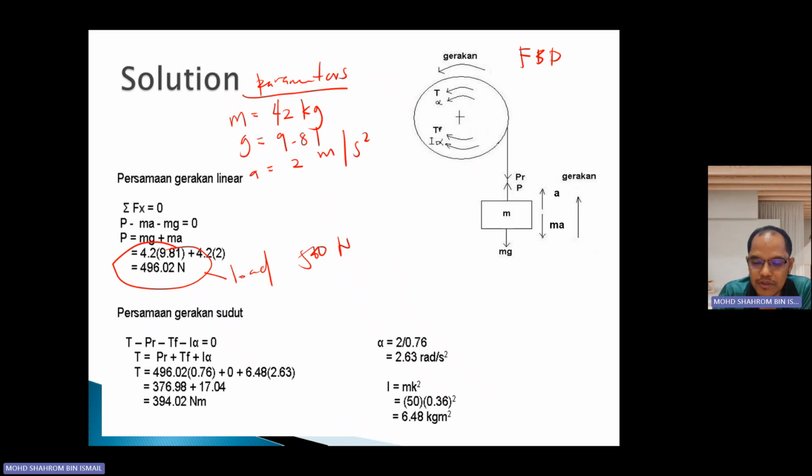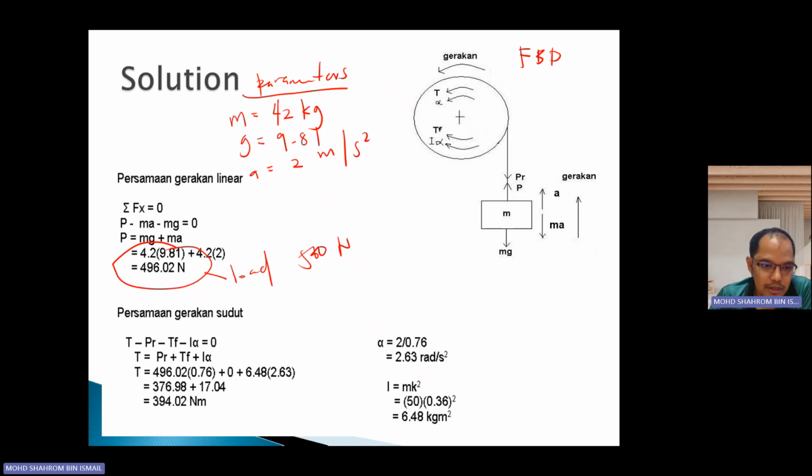So the system is designed to support the load of around 496.02 newton at least, if we solve through the linear motion equation.